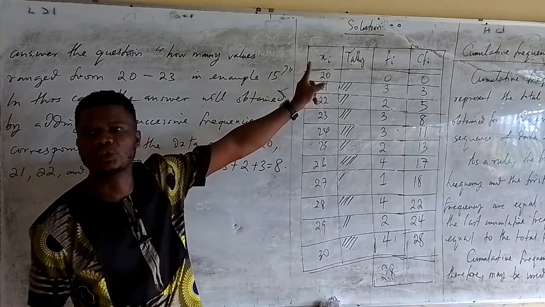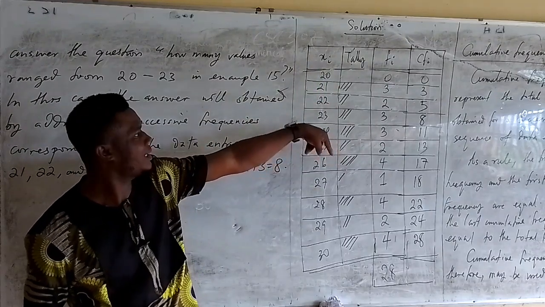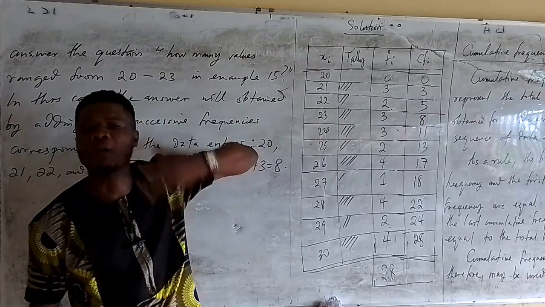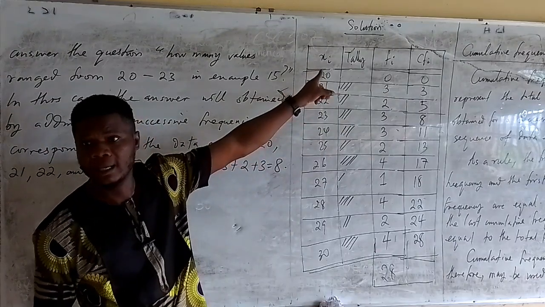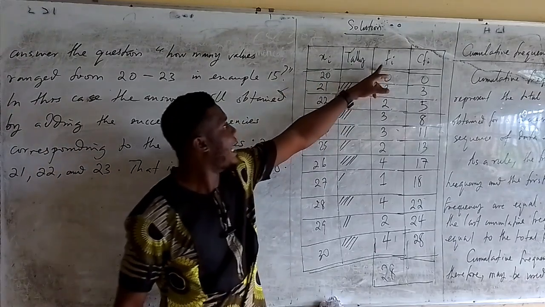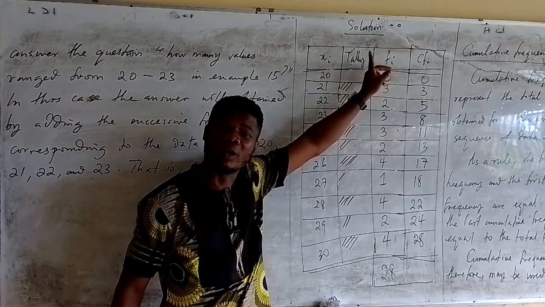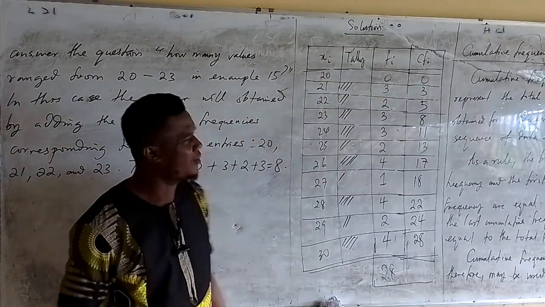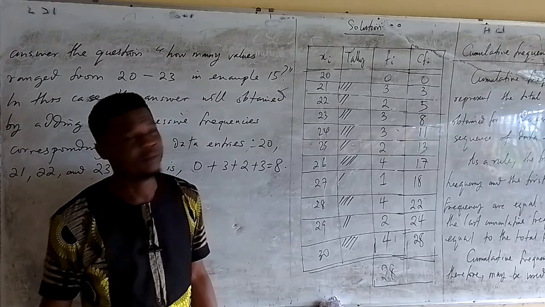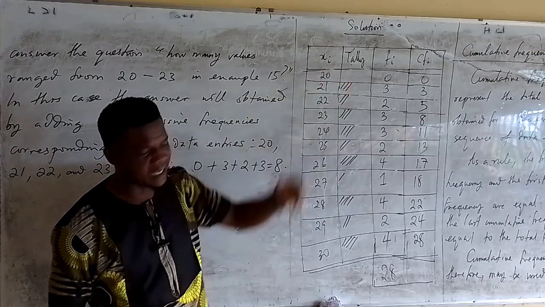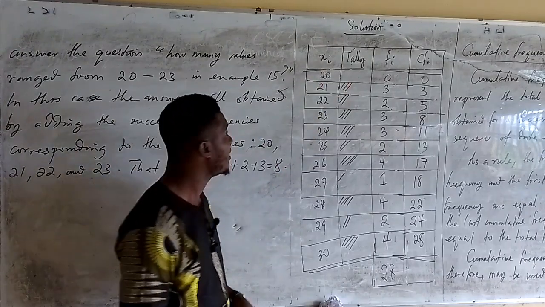In my last class with you, I told you that data entries will be represented commonly with xi. And frequencies will be commonly represented with what? Fi. Now, where is the i coming from? For both x and f, it is coming from this.